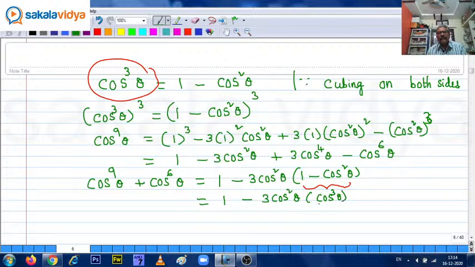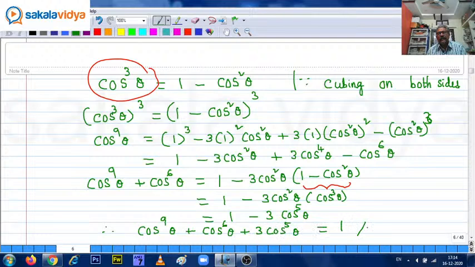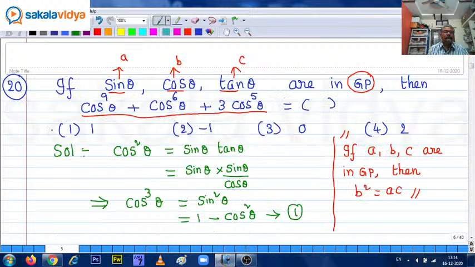Multiplying cos square theta and cos cube theta, you get 1 minus 3 cos theta to the power of 5. Bring minus 3 cos theta to the power of 5 over this side. Therefore we get cos theta to the power of 9 plus cos theta to the power of 6 plus 3 cos theta to the power of 5 equals 1. So the required answer is 1, the first option.